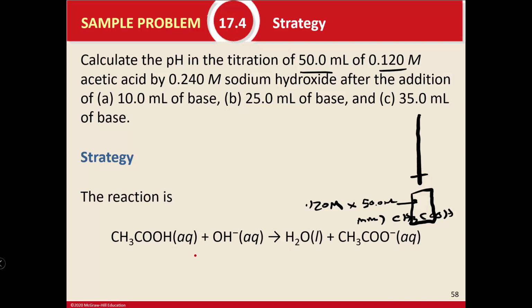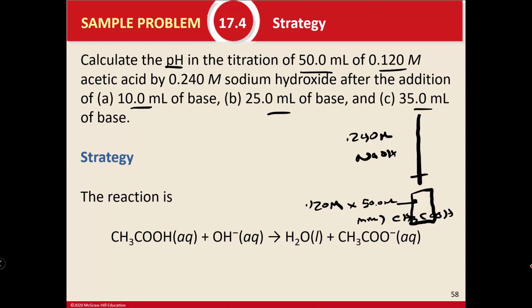So the question is, once we add the 0.240 molar sodium hydroxide, which is a strong base, in these increments, how does it affect the pH? So draw a picture. I think it's worth a lot to do that to see what's going on.